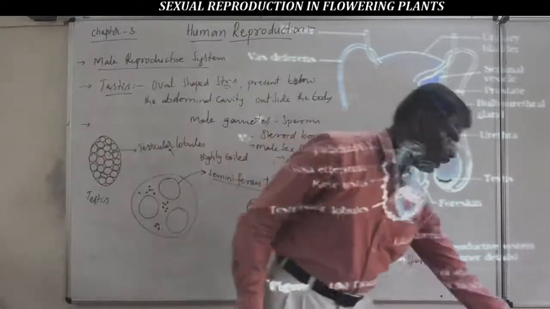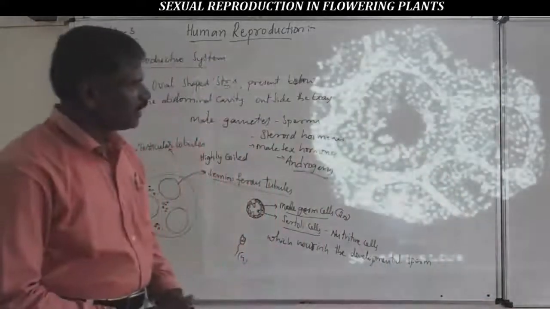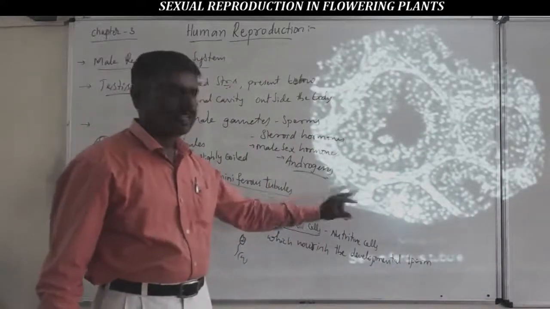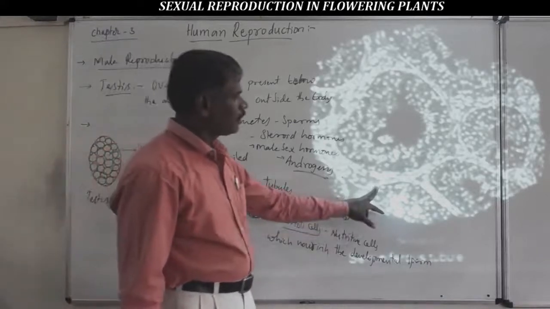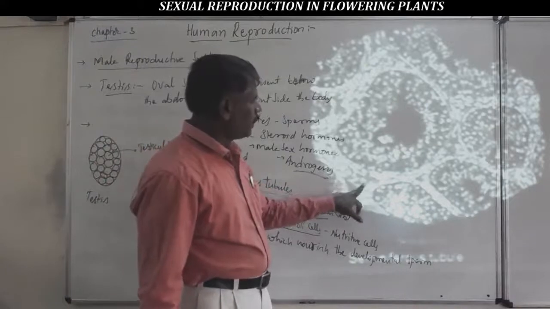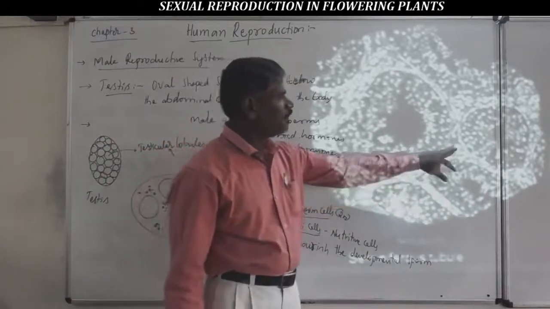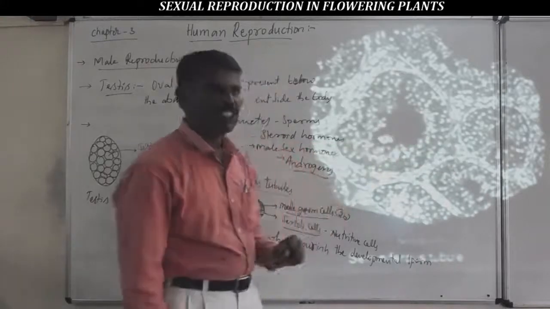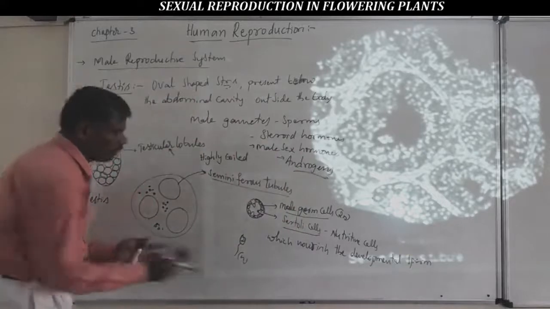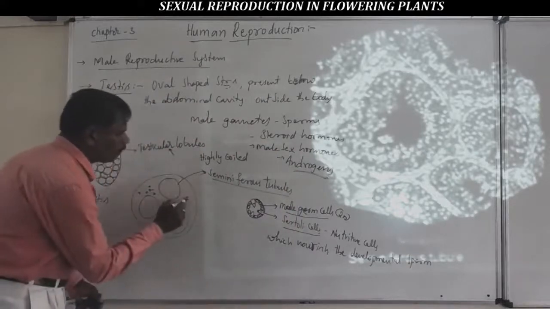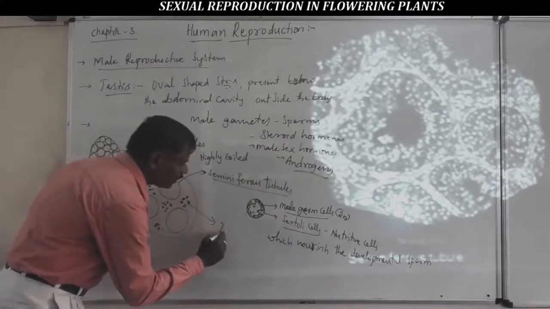This is the sectioning of the seminiferous tubule. In the testis, in between the seminiferous tubules, there is a group of cells which are called interstitial cells.